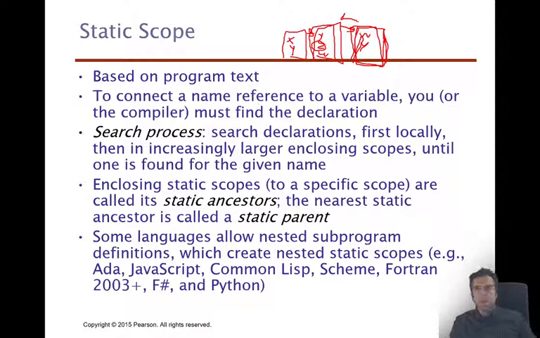So, where does this list of containing scopes come from? Well, you can determine it just by looking at the source code, not by running it, right? An example is every single program you've ever written. You can look inside one curly brace to another curly brace.